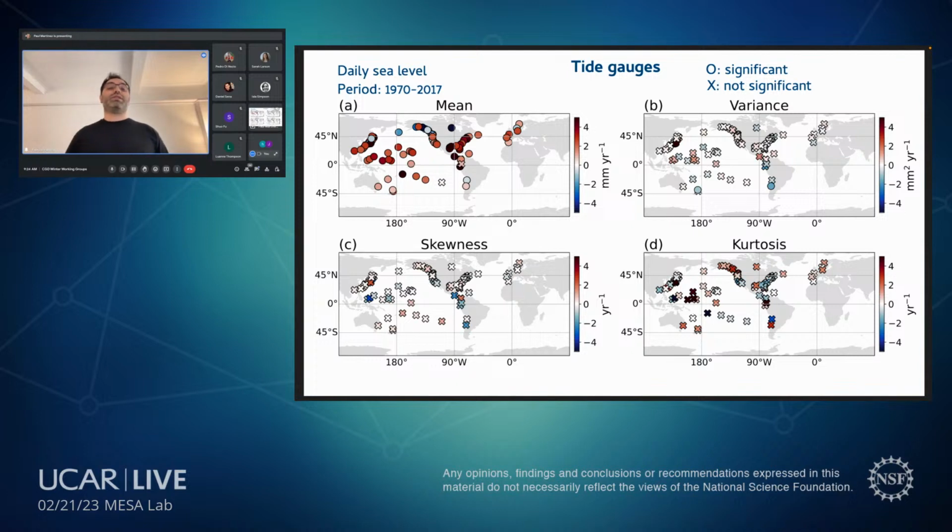What this tells you is that changes in coastal sea level, at least for the tide gauges that we have available, come especially from changes in the mean. Basically all changes in the mean are significant, while changes in higher order moments appear not significant under our statistical significance test.